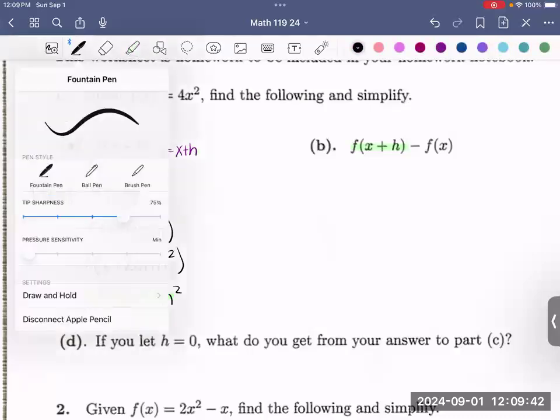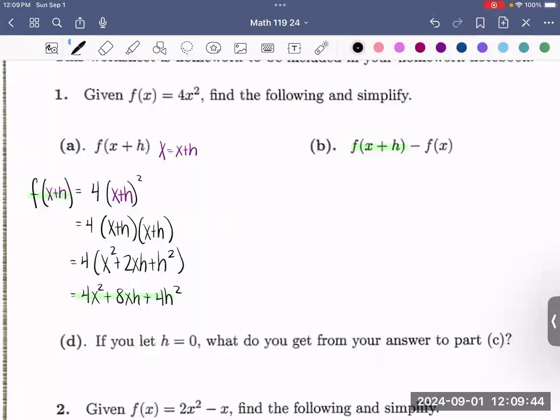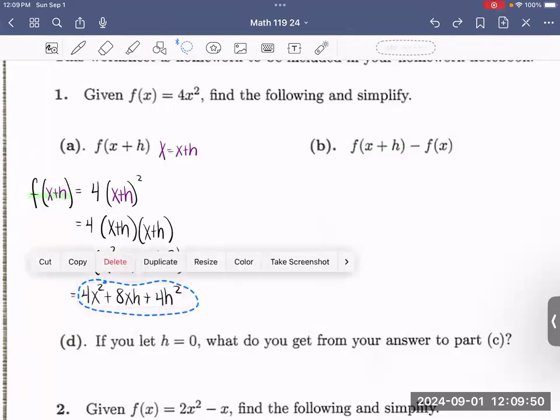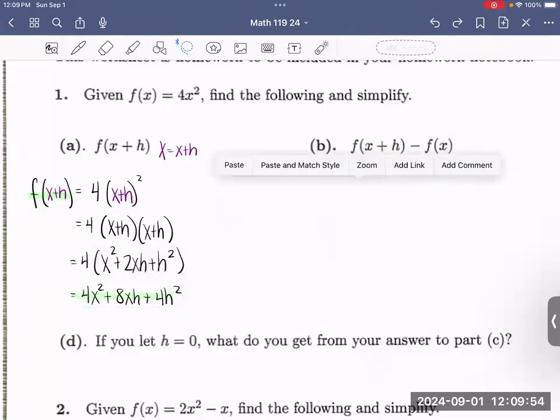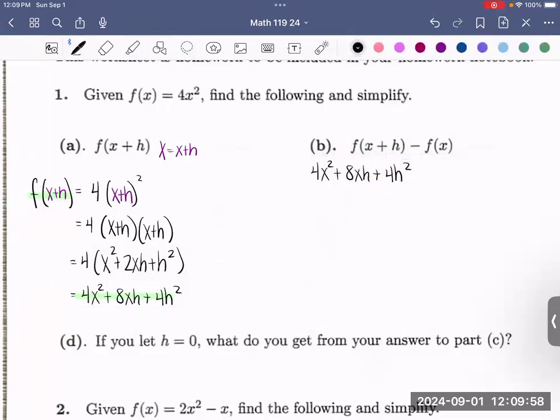So now it's asking us to take what we just had right here, which I'm going to unhighlight for a moment, and I'm going to stick it right over here. So we have f of x plus h, this whole thing, minus f of x. Well, we said f of x is really this portion here, so 4x squared. Now we distribute your negative.